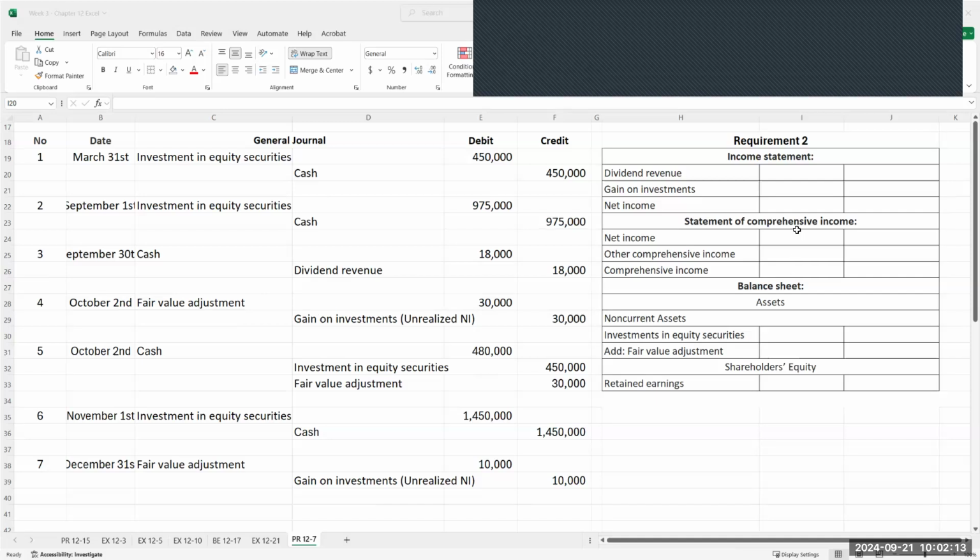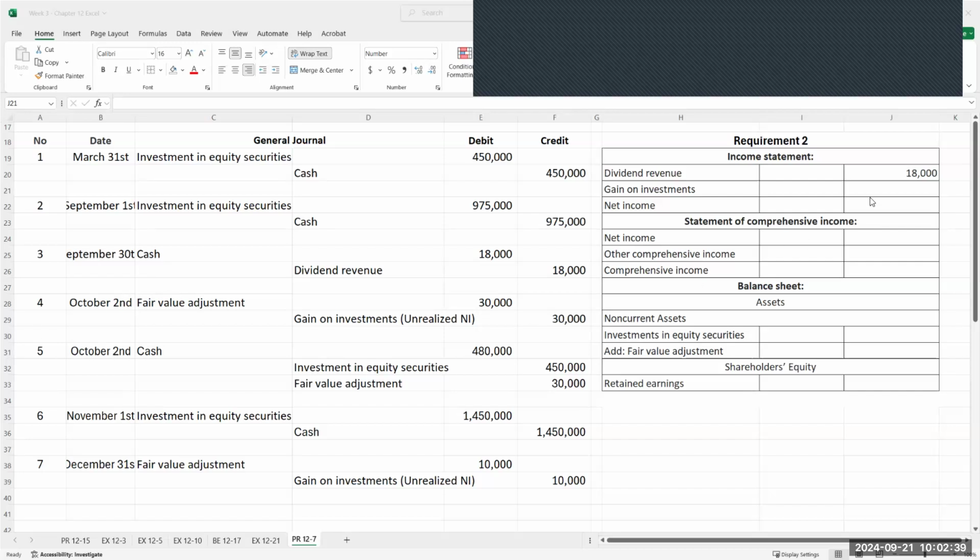So the dividend revenue, how do we determine the dividend revenue? Okay, we clearly look on the journal entries that we've recorded. Dividend revenue is $18,000. How do we determine our gain on investments? So in order to determine our gain on investments, we need to factor in how many times we have hit the gain on investment account. So the gain on investment would be calculated as follows.